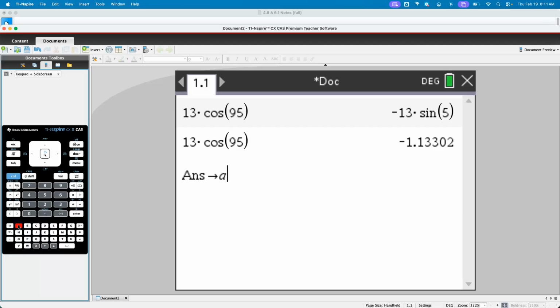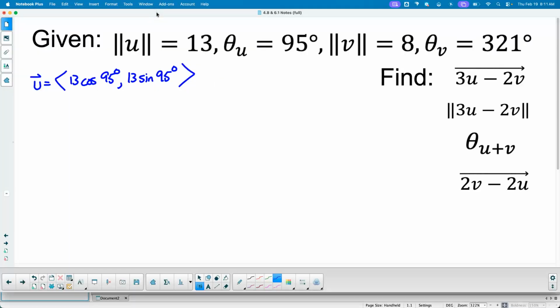So I'm going to store that as A, and then when I hit enter, now that value, 13 cosine of 95 degrees, I just have to hit A for it. So that's negative 1.133. And I'm also going to denote on my paper that I stored that on my calculator as A. So then I know.